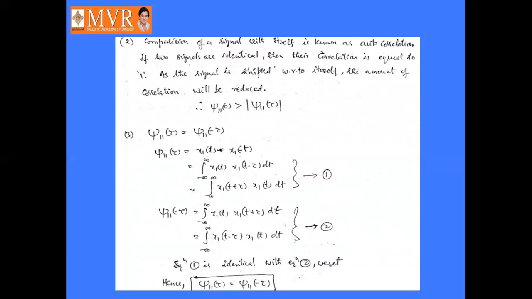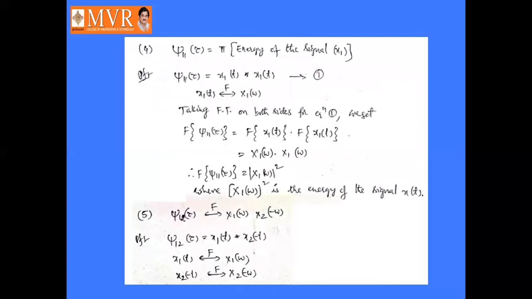Again, phi11 of minus tau is equal to the integral of x1 of t into x1 of t plus tau dt, or it is the integral of x1 of t minus tau into x1 of t dt. That is equation number 2. Equation 1 is identical with equation number 2, right? So phi11 of tau equal to phi11 of minus tau.